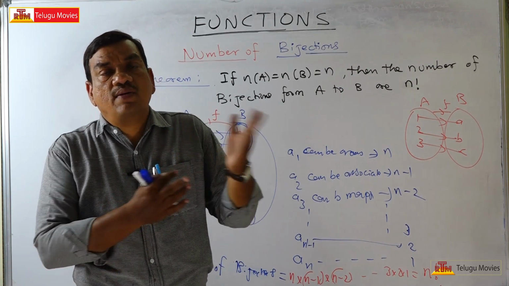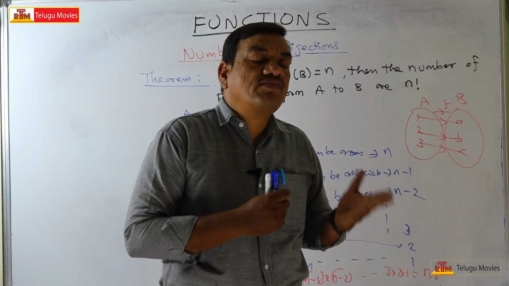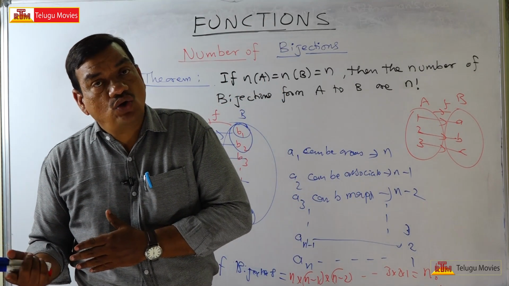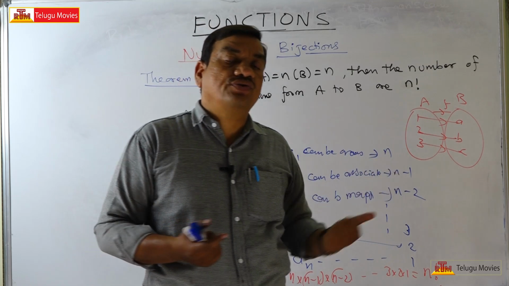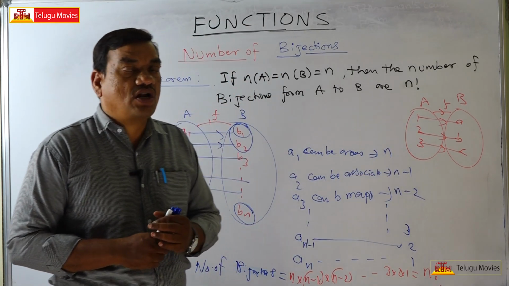The total number of functions minus into functions will give onto functions, and the total number of functions minus onto functions will give into functions. And the last and final, the proof for the number of bijections is also there.